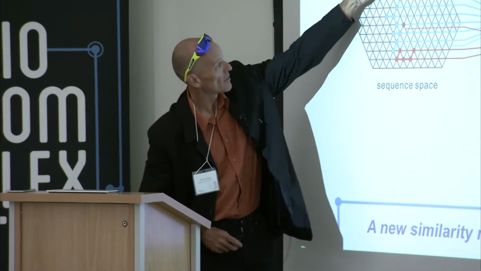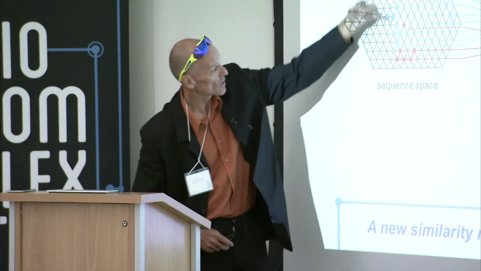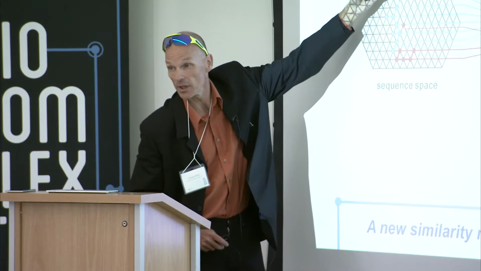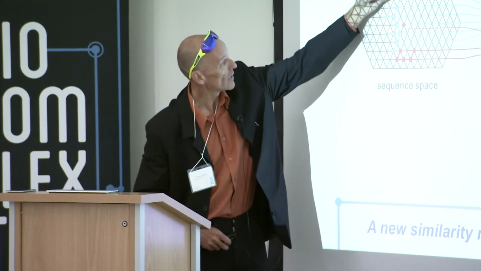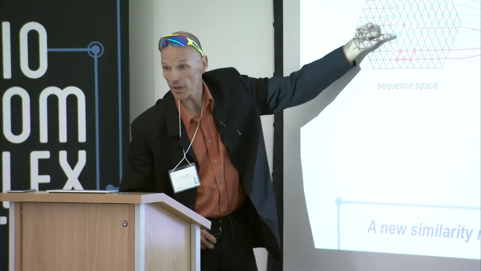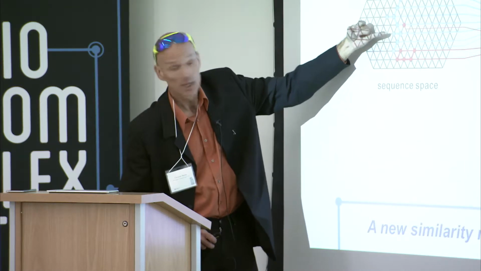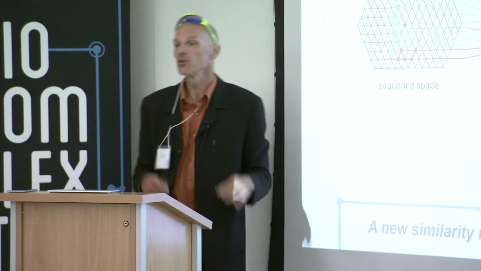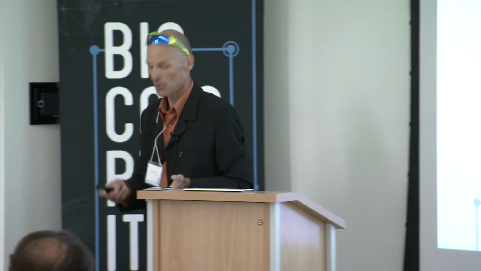So what you're having is those two sequences are part of a network in sequence space. And to be related, I have to kind of cruise along this network neutrally to come from one to the other. Now you may say, why is it important?